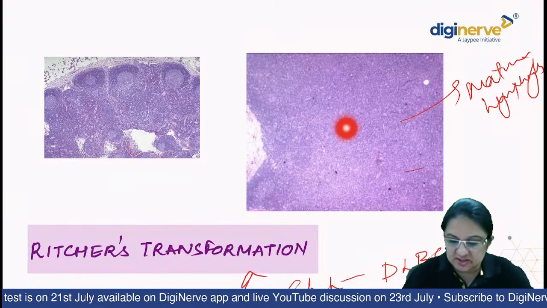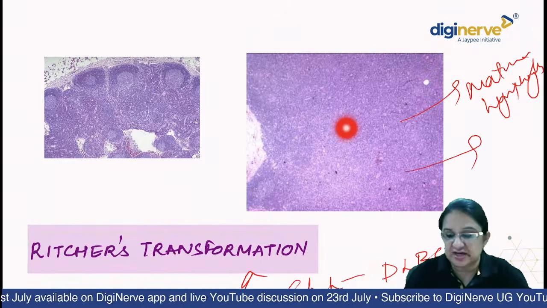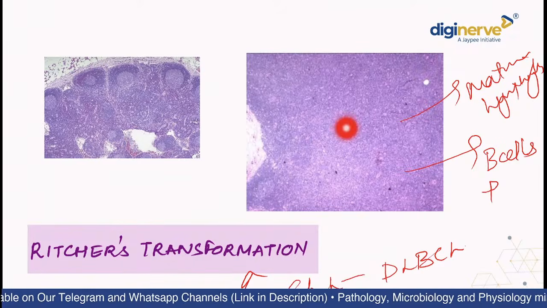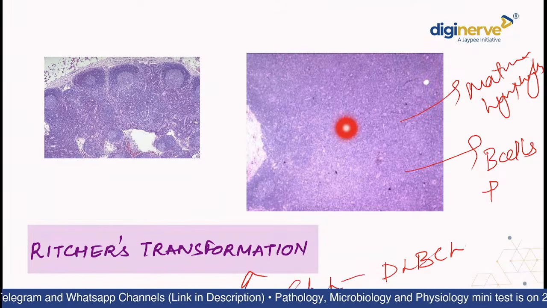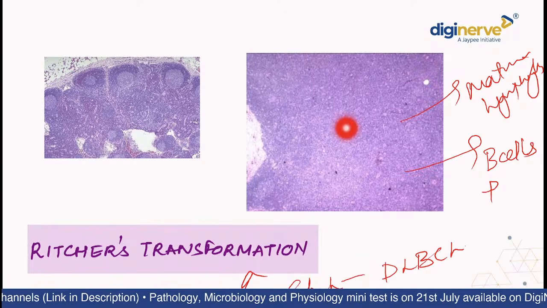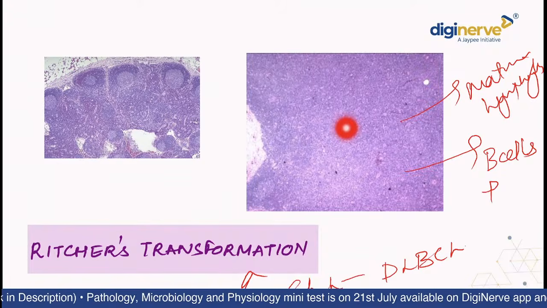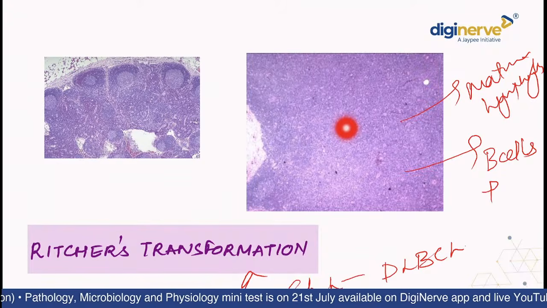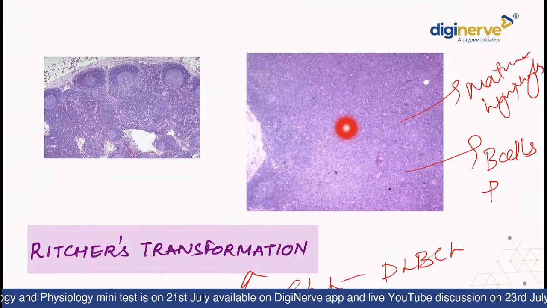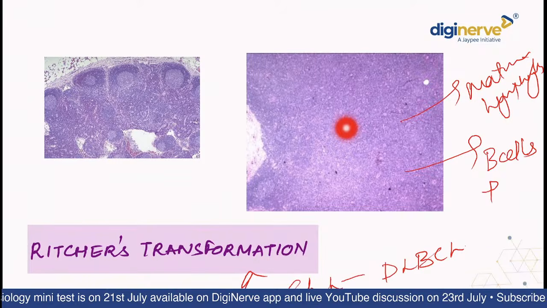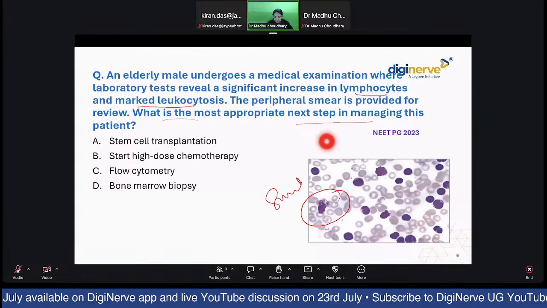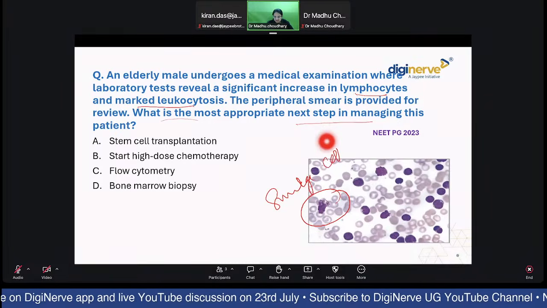Please note that these are small mature lymphocytes and smudge cells.